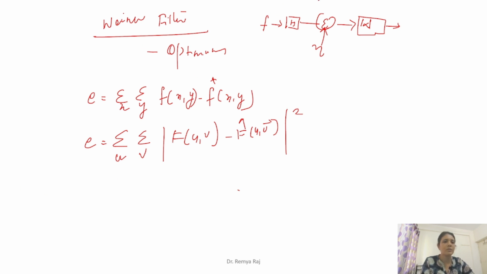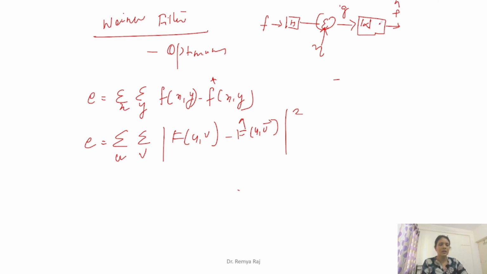After adding the noise, the output is G, which is again given to the Wiener filter, and your output will be f cap. I hope you understood this diagram.